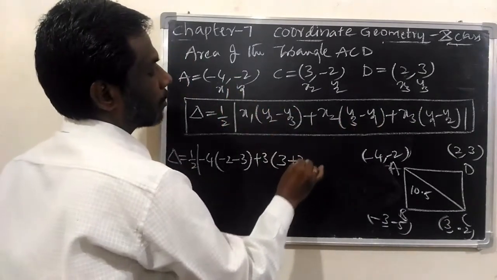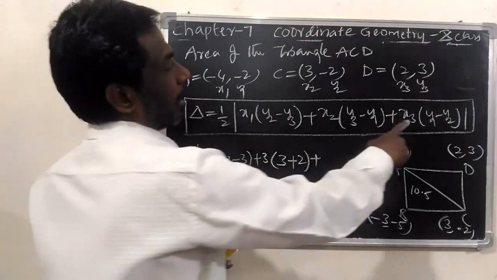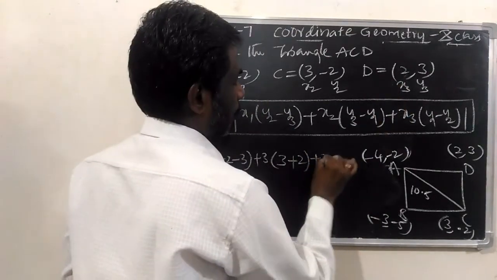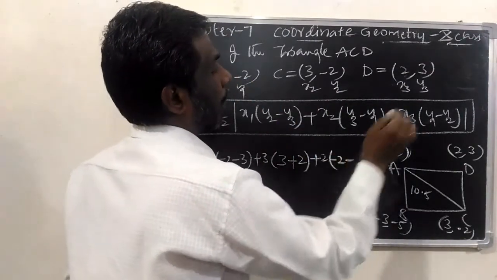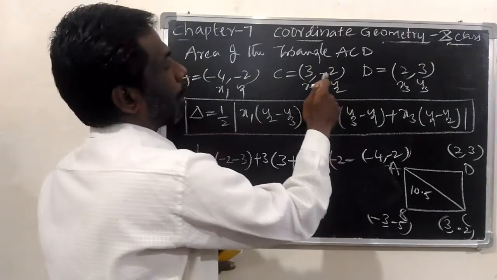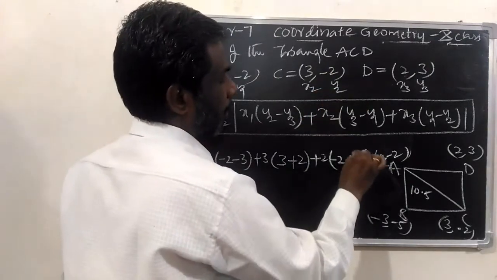Minus into minus plus 2. Plus x3, which is 2, into y1, which is -2, minus y2, which is -2. Minus into minus plus 2.